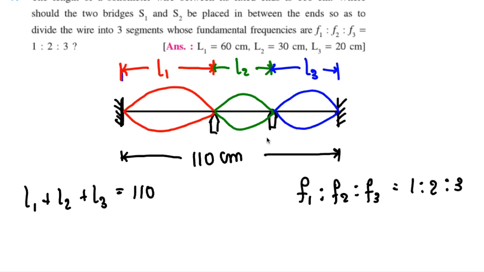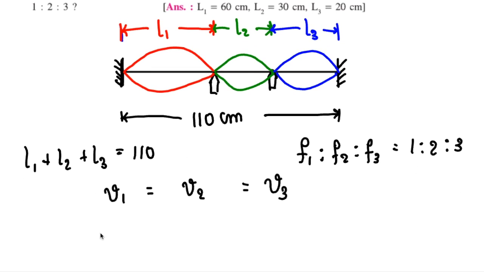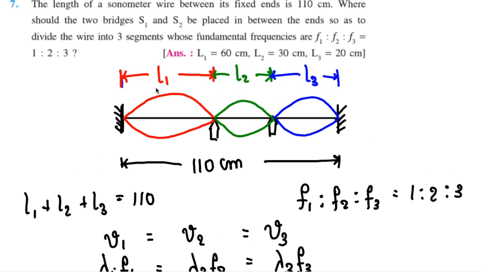Now I can say that if their velocities are the same, then v1 equals v2 equals v3. I can say that lambda 1 f1 will be the same as lambda 2 f2 and lambda 3 f3. But I'm not interested in lambda, I am interested in lengths.